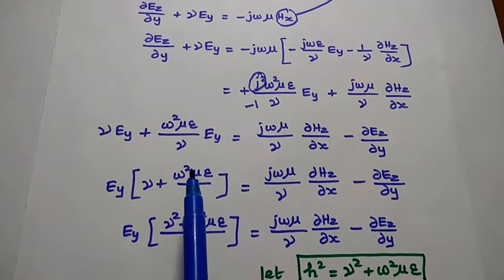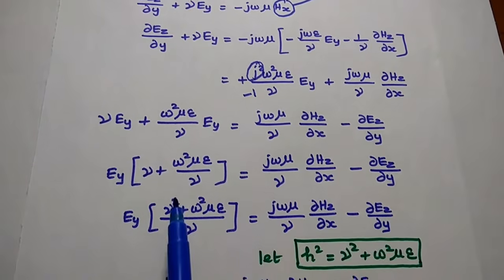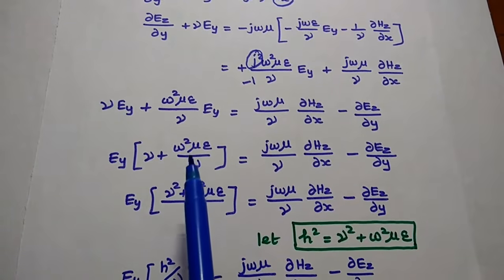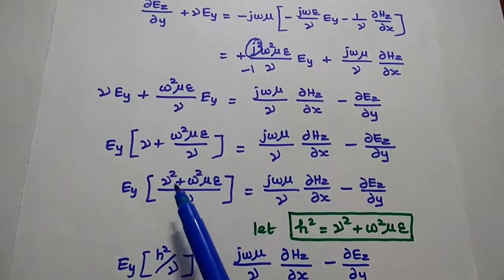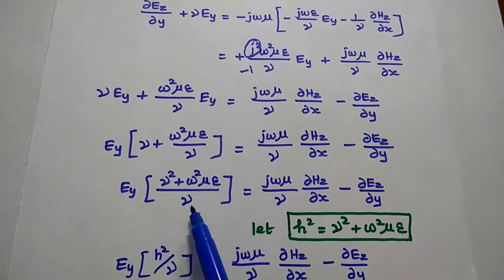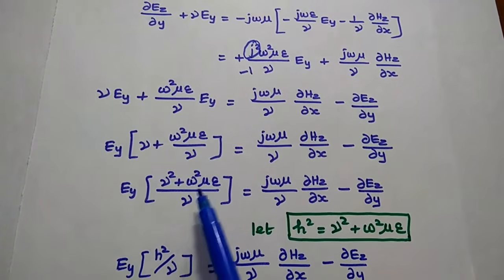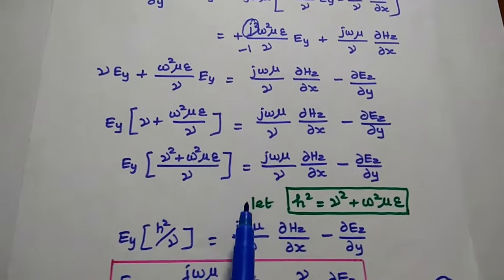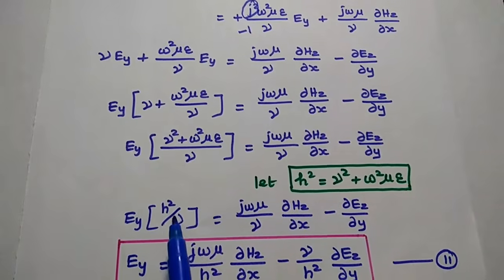Here we can take this Ey as a common term. We can write the value as gamma plus omega squared mu epsilon by gamma. This term is further simplified as Ey into gamma squared plus omega squared mu epsilon by gamma. As we all know, gamma squared plus omega squared mu epsilon is nothing but h squared. So we can substitute that value here.